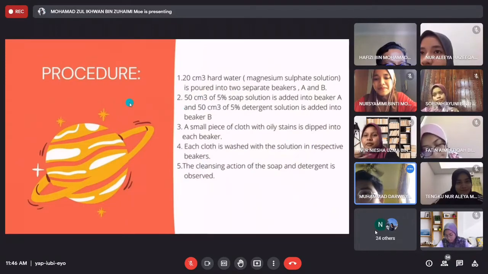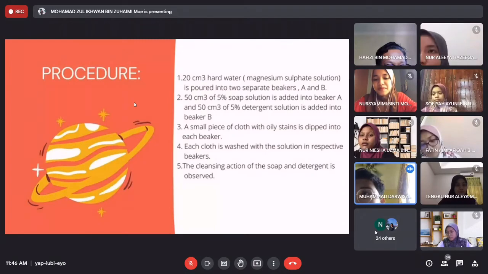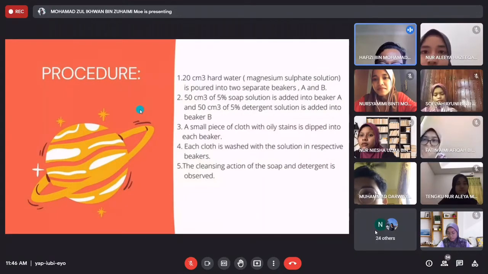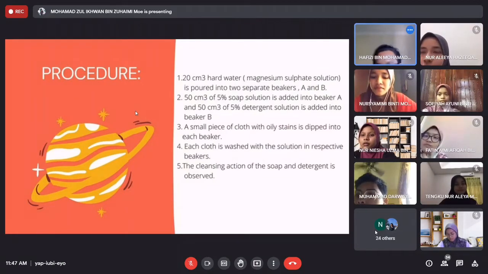Procedure: first, 20 cm3 hard water, which is magnesium sulfate solution, is poured into 2 separate beakers, A and B. Darwish, cuba awak guna ayat saya. Try to use my words in writing the procedure. Ayat ni kan macam terlalu formal ke? Saya kata macam mana?